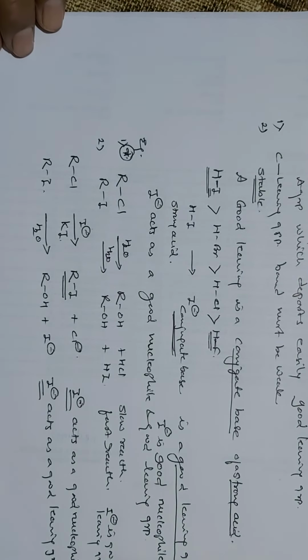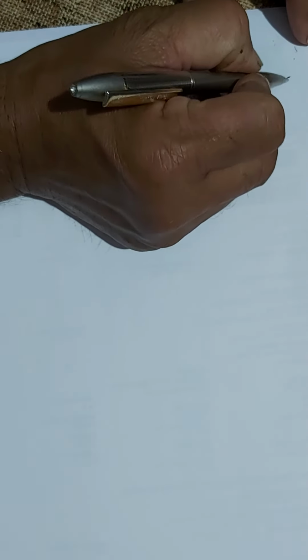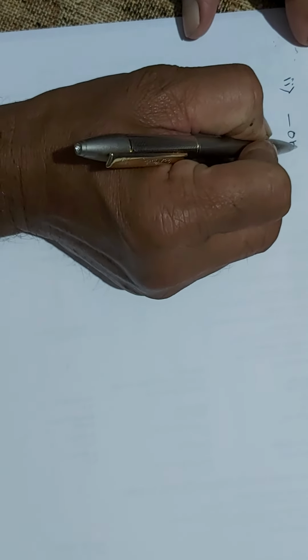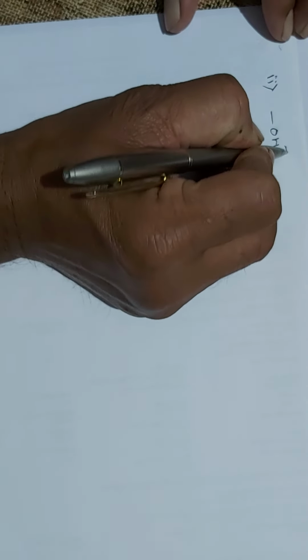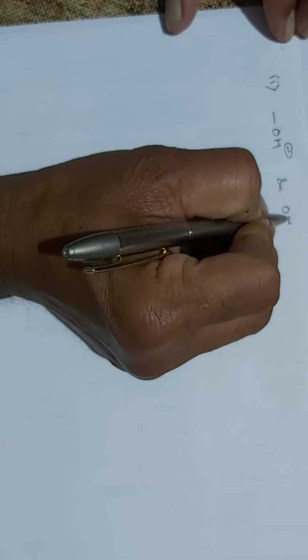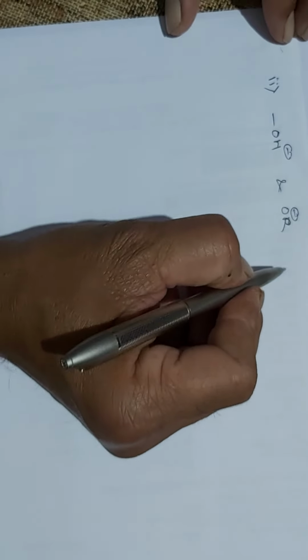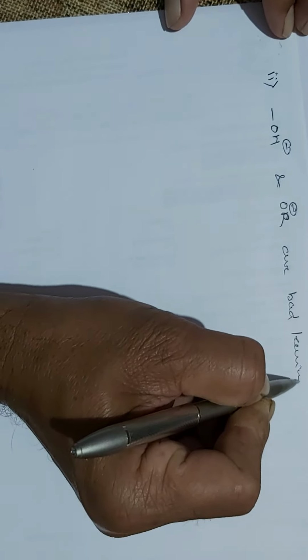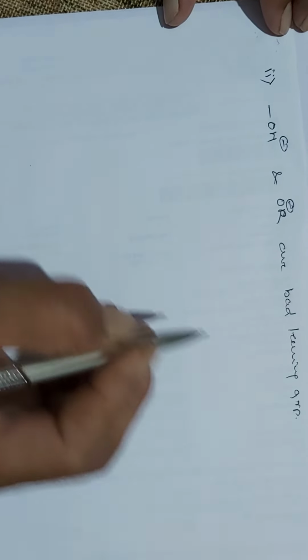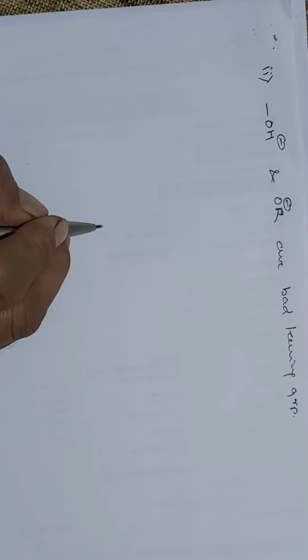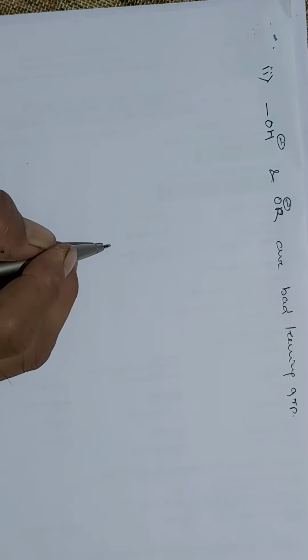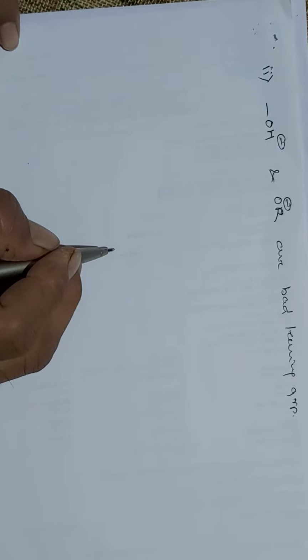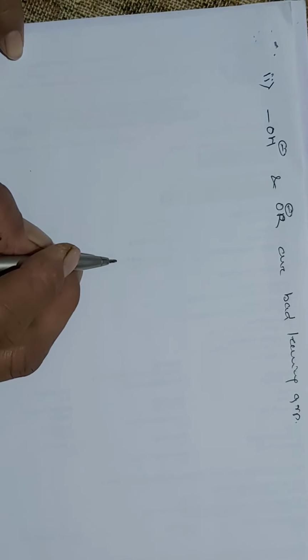In the same way, OH minus and OR minus, that is the hydroxy group and the alkoxy group, are bad leaving groups. Here the carbon-hydroxyl bond or the carbon-OR bond cannot be broken easily, and so they are extremely poor leaving groups.